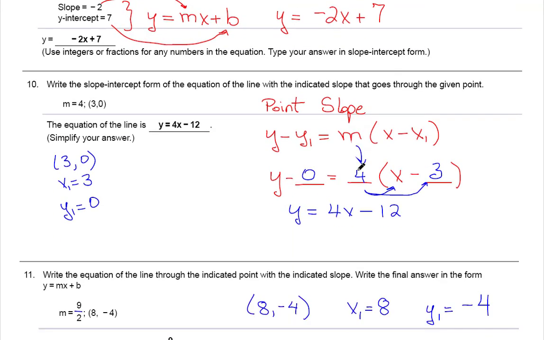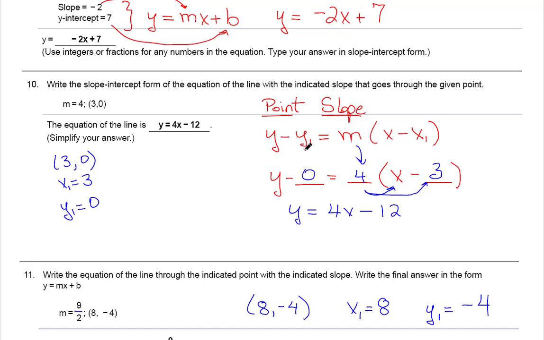Let's see, question 10. Write in slope-intercept form a line that has this slope and goes through that point. So I need an equation of a line called point slope. What do I need? I need a point, x1, y1, that's my point, and I need a slope. My x and y will stay as part of the final answer.